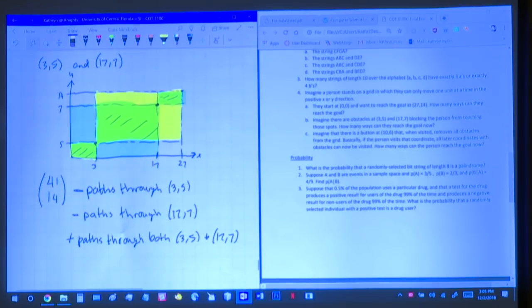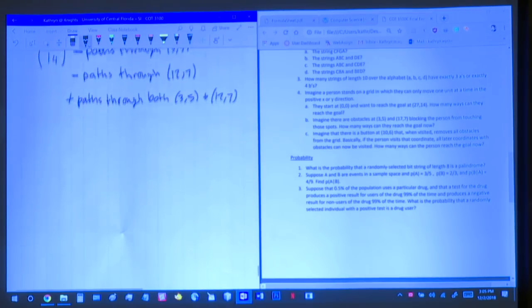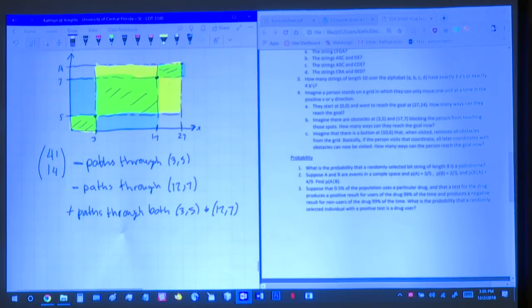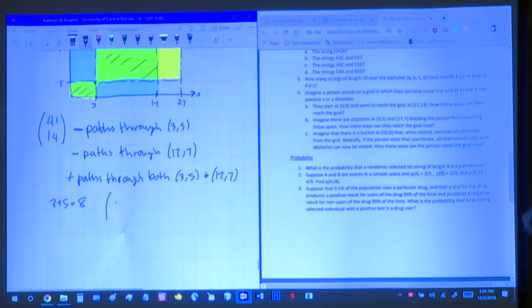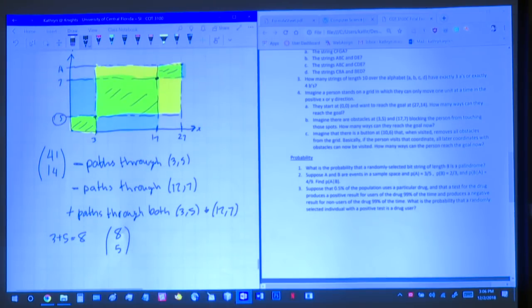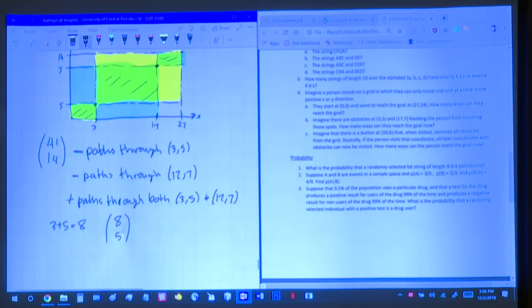So we'll start by calculating how many paths go through 3, 5. We'll have 3 plus 5 equals 8, and then we'll end up with 8 choose 5 or 8 choose 3, but I'm going to have them choose when to go up every time, just for fun. Those are the paths that lead up to 5-3.